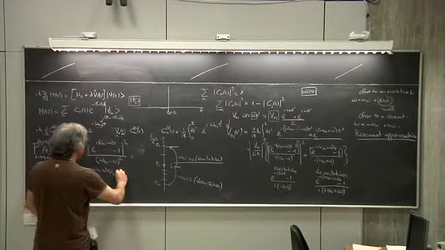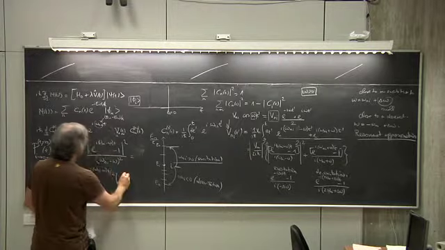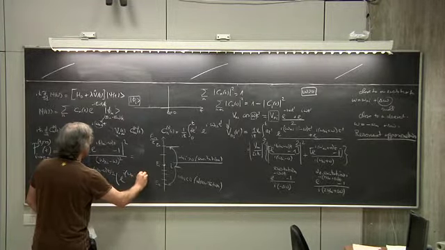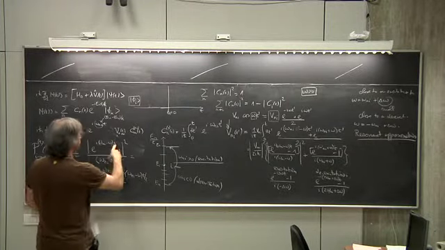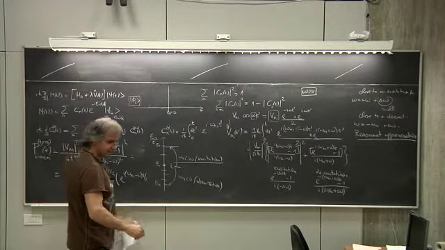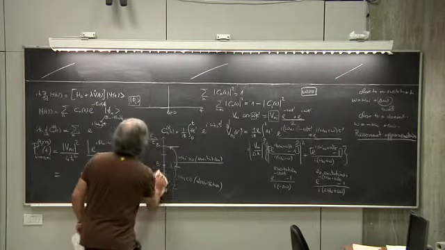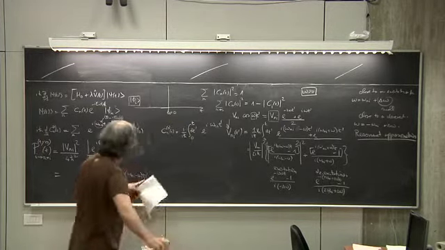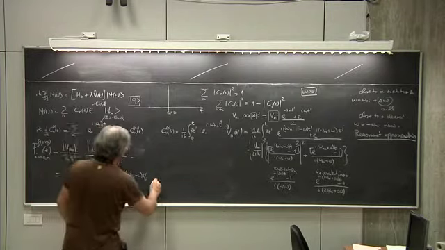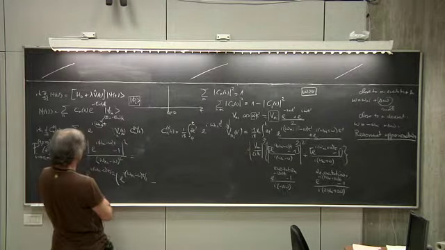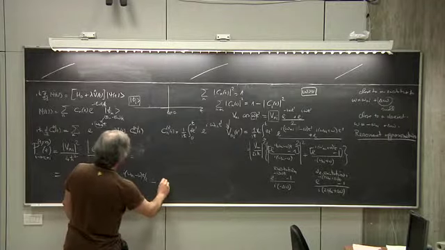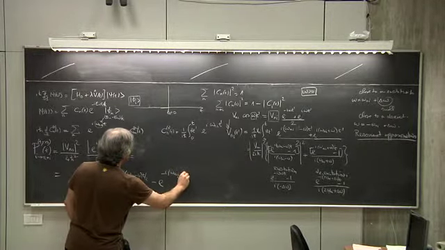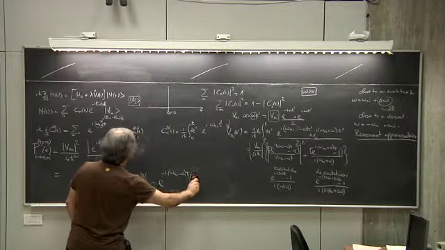If I do that, then the first term needs an extra t over 2. The next term, however, the 1 now becomes minus e to the minus i (omega_ni minus omega) t over 2.